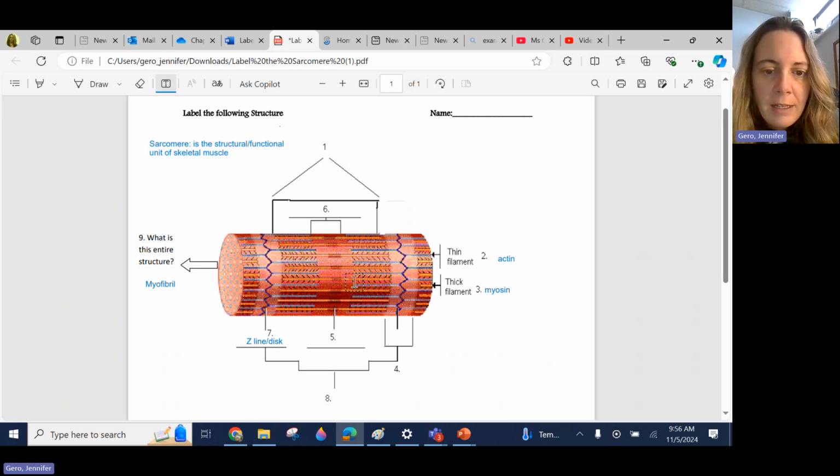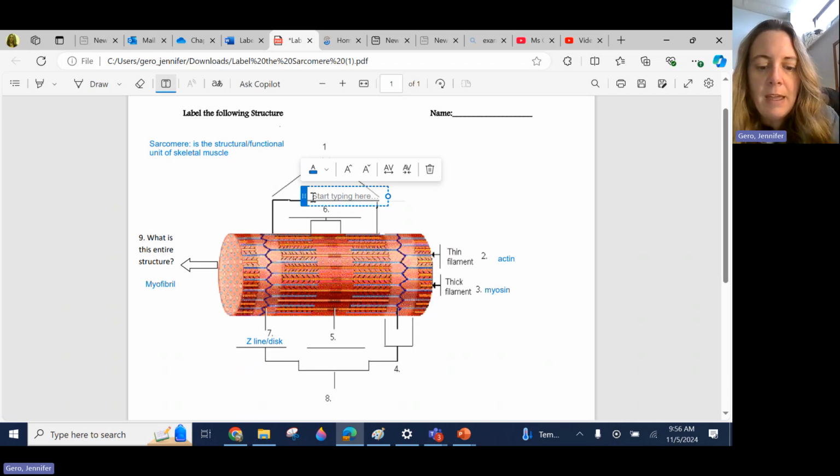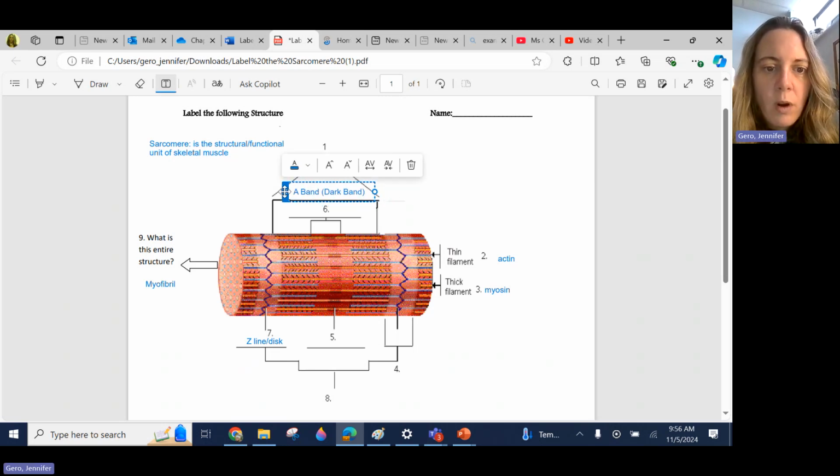And this band of myosin right here, which is shown in number 1, is going to be the A band, or dark band. That is the one continuous band; you can see it starting here to here.